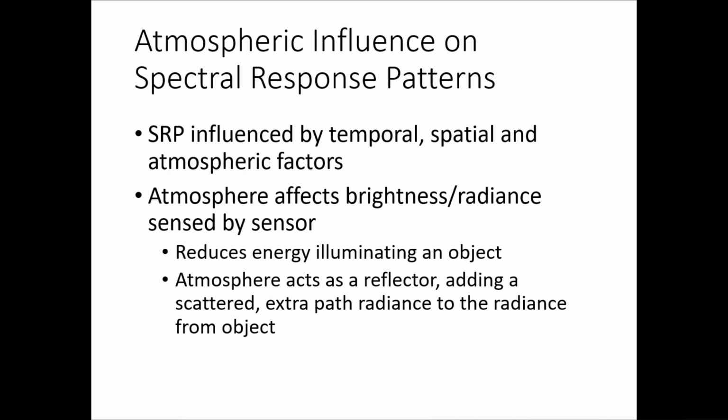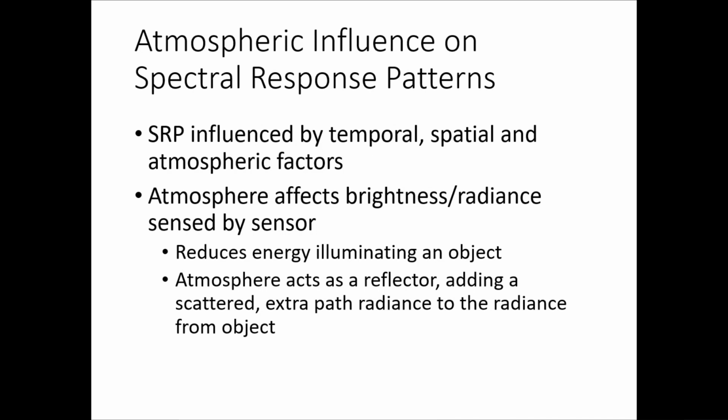Yes, that is the temporal variation in the spectral reflectance pattern. And what about spatial variation? For the same feature, depending upon its indigenous characteristics at different locations at the same time period, the spectral reflectance pattern can be different, right? And another major influencing parameter is the atmospheric factor. So we will see that first.